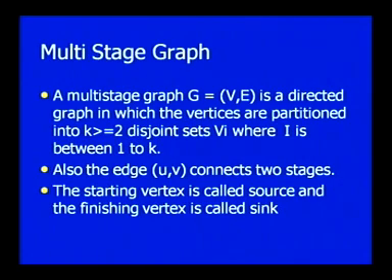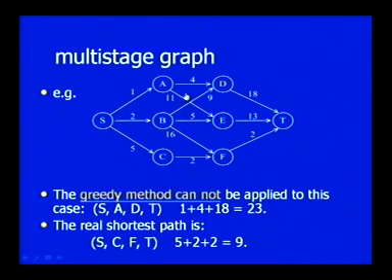Your source is one stage and your destination is one stage, and the remaining vertices are arranged in 2 stages. Also, you can note one property: the edge (u, v) connects 2 stages. In this particular example, if I choose an edge, you can see very well this connects this stage and this stage. So, whatever edges you take, each connects 2 stages.